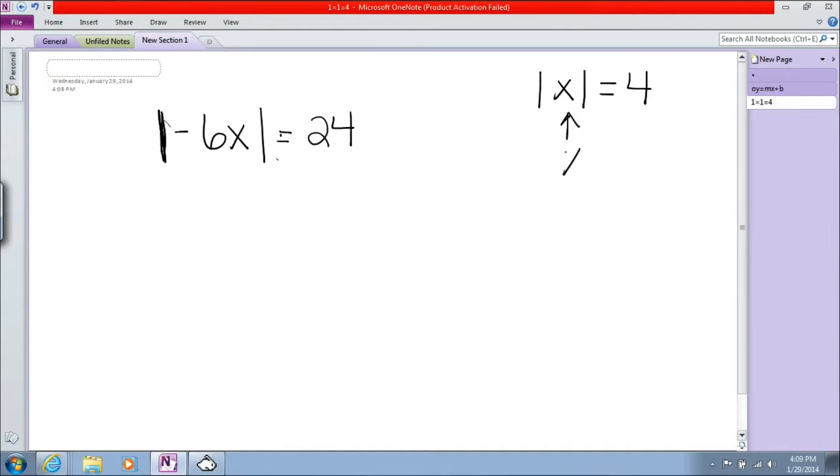And so solutions to this are +4 or -4. If you look on the number line, +4 is 4 spaces away from 0, and -4 is the other number that is 4 spaces away from 0. Most absolute value equations have 2 solutions because it's the distance from 0. We have the negative distance from 0 and the positive distance from 0.